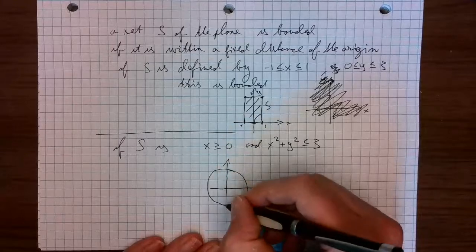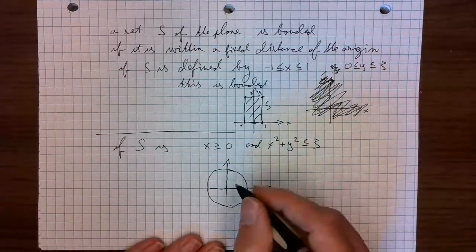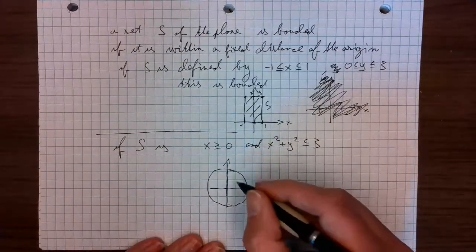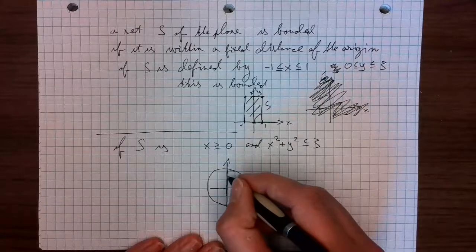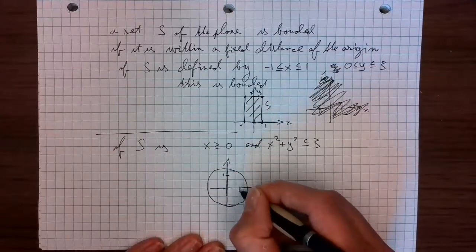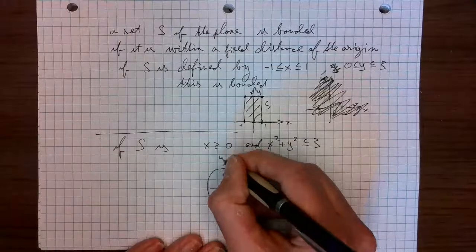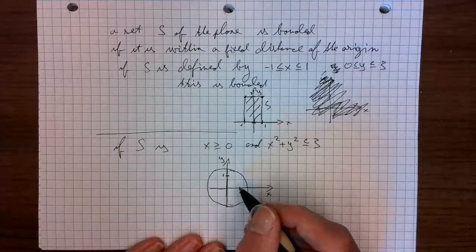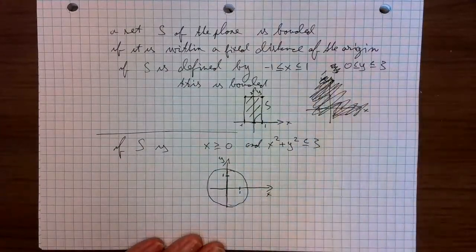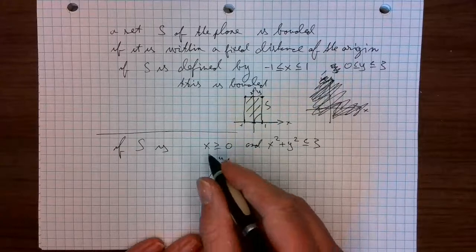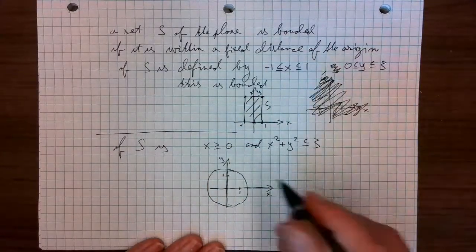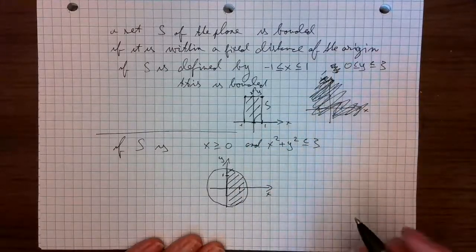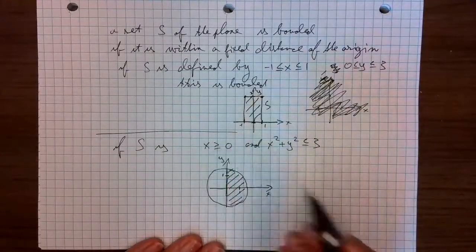So this would be approximately the circle of radius square root of 3, and x bigger than or equal to 0, so we have to be within square root of 3, and x has to be bigger than 0.